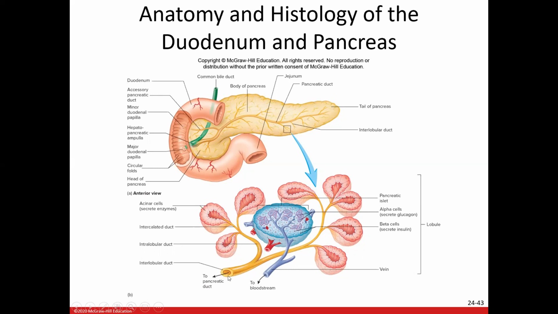They then go to the interlobular duct, and then join the pancreatic duct. Pancreatic duct then joins the hepatopancreatic ampulla, again to be secreted into the small intestine through the major duodenal papilla. A little bit of the secretions will actually go to the minor duodenal papilla from the pancreas, but for the majority, it's the major.